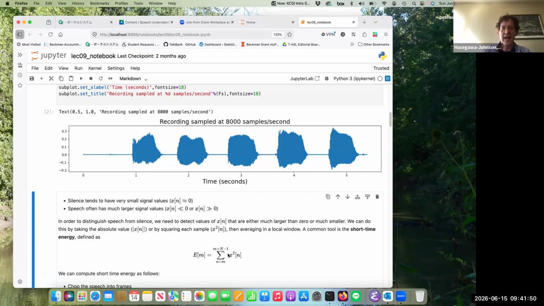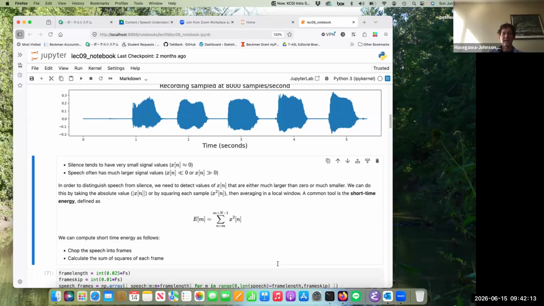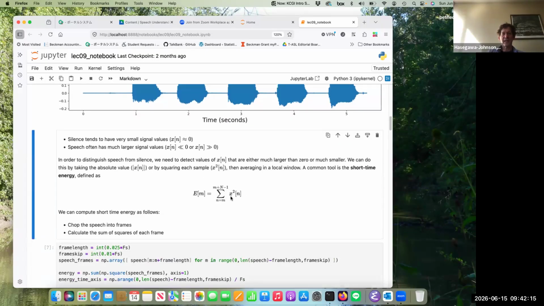And then we'll take the average over one frame from n equals m to n equals m plus capital N minus 1. So over a frame that starts at time little m and goes capital N samples. So little m is the beginning of the frame and capital N is the frame length. We're just going to calculate the average energy by basically taking each frame.